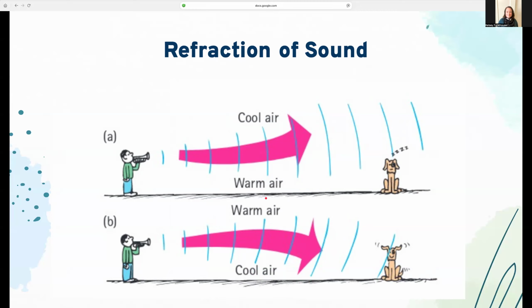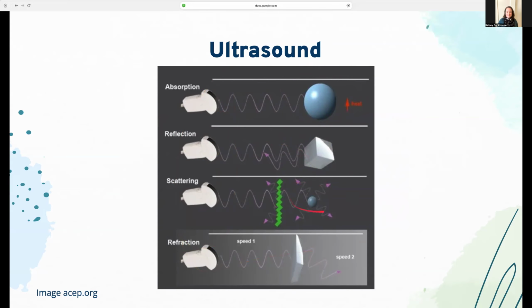So we have a little bit of an example. Some things might absorb the ultrasound waves. Some materials inside the body might reflect them back, and it's detecting these things. Also, some things could scatter the wave out so it doesn't come back cleanly.